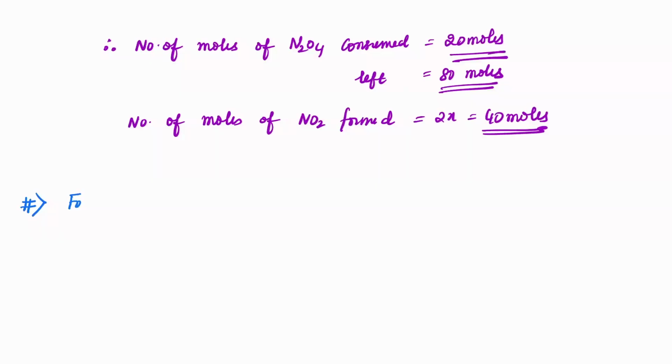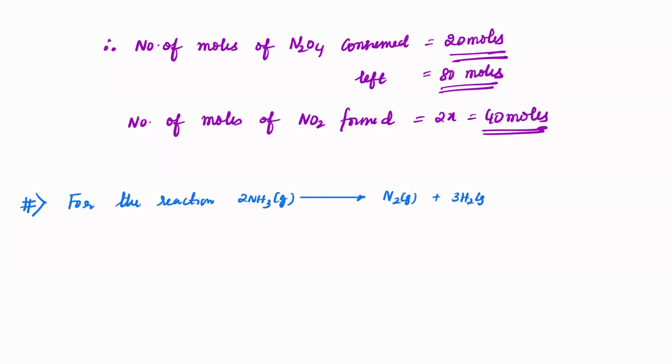For the reaction, 2 moles of ammonia gives you N2 gas plus 3 moles of H2 gas.